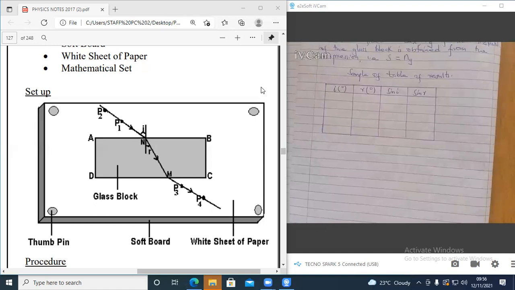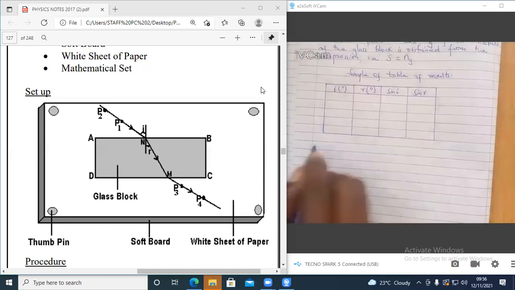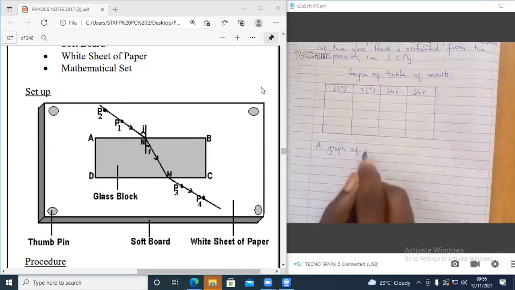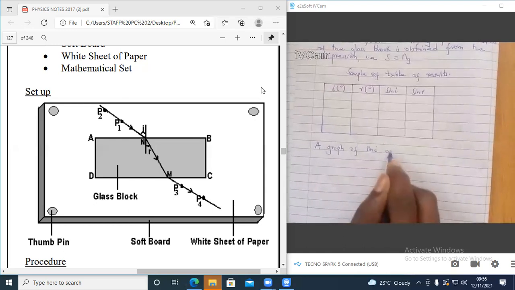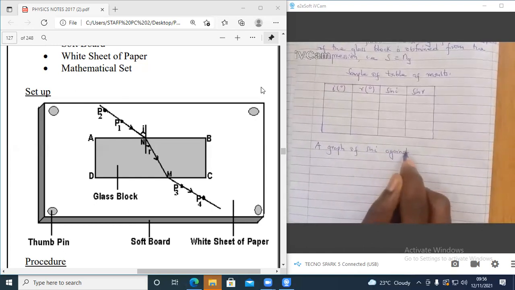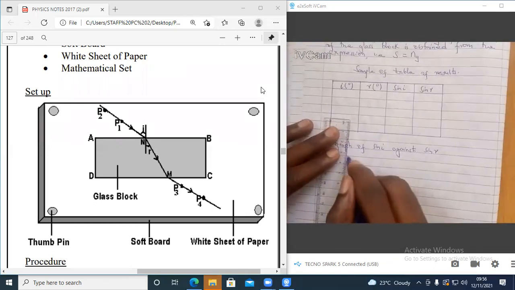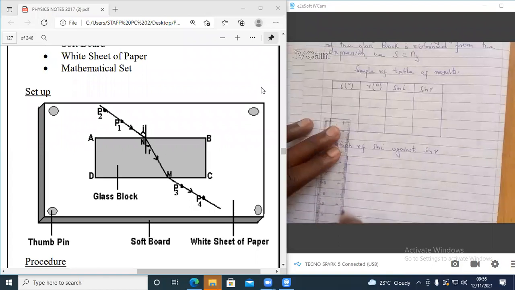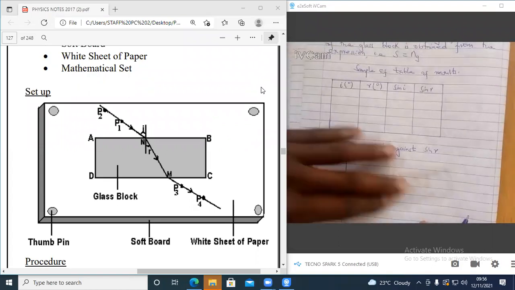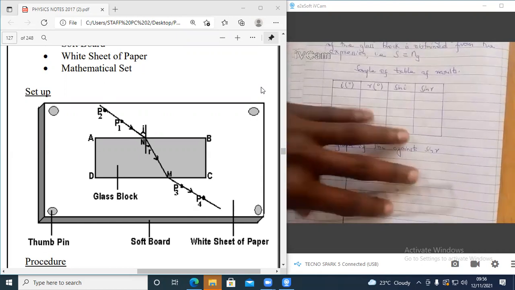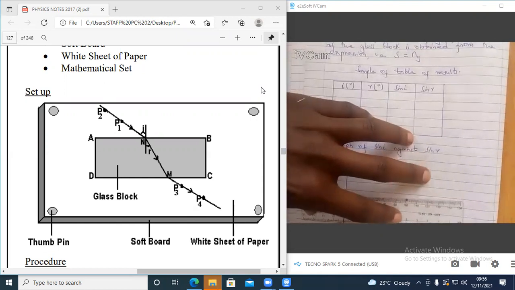Then the graph of sin I against sin R. This is how our graph should appear.